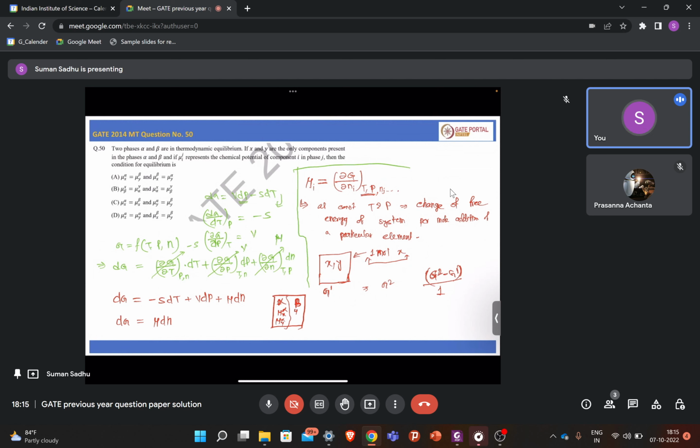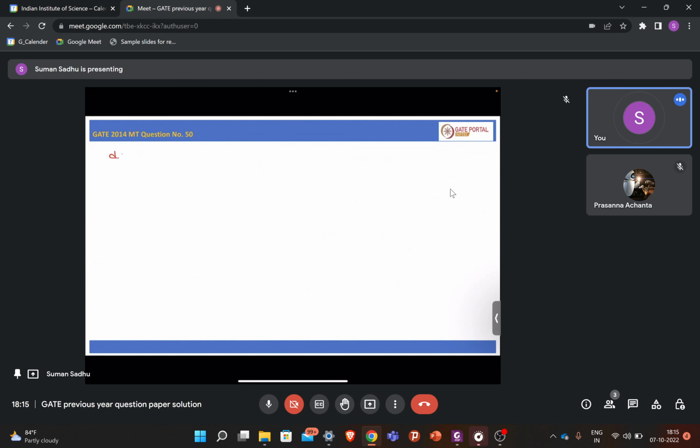Similarly, mu x beta means chemical potential of component x in beta phase, and mu y beta means chemical potential of component y in beta phase. Now if you write this equation in terms of mu x and mu y, then what you will get, I am going to the next page. Okay, so we got this equation dG is mu into dn.